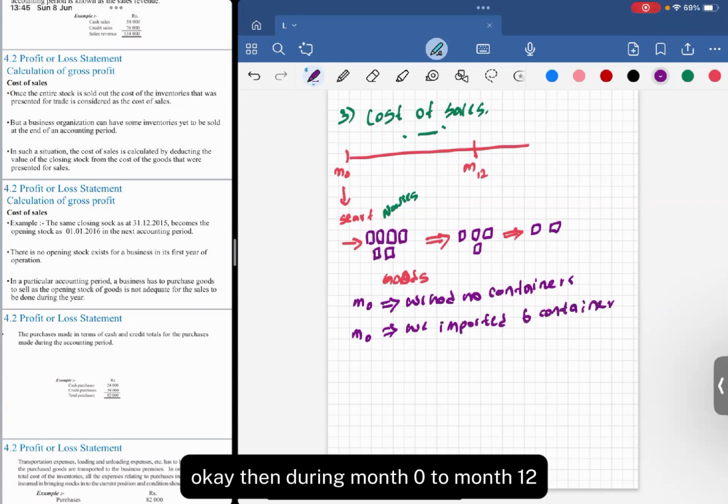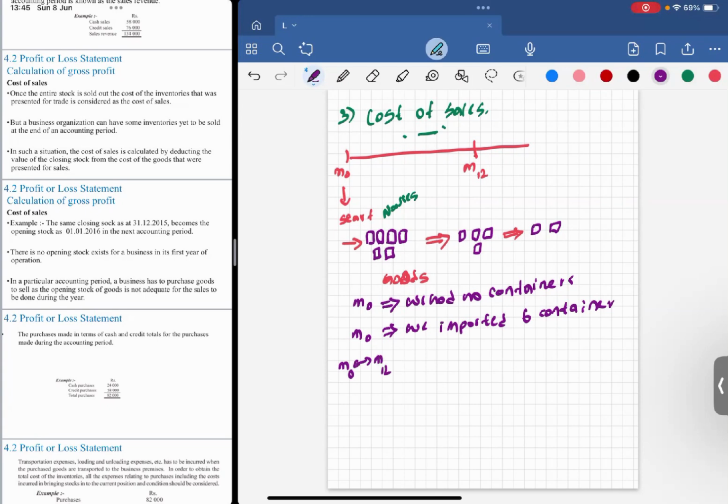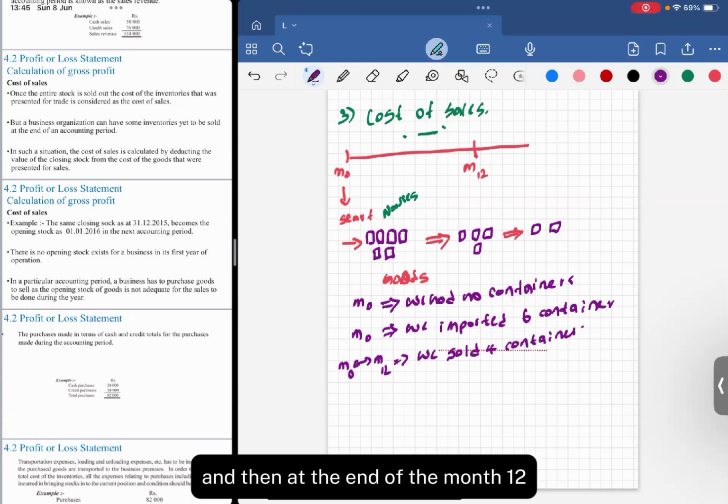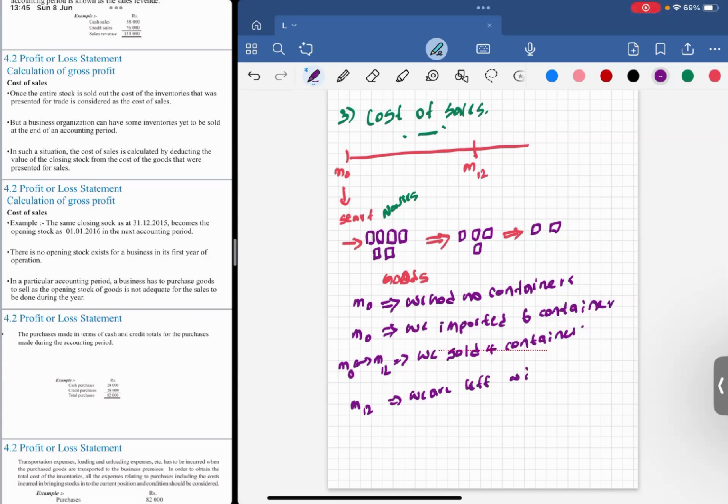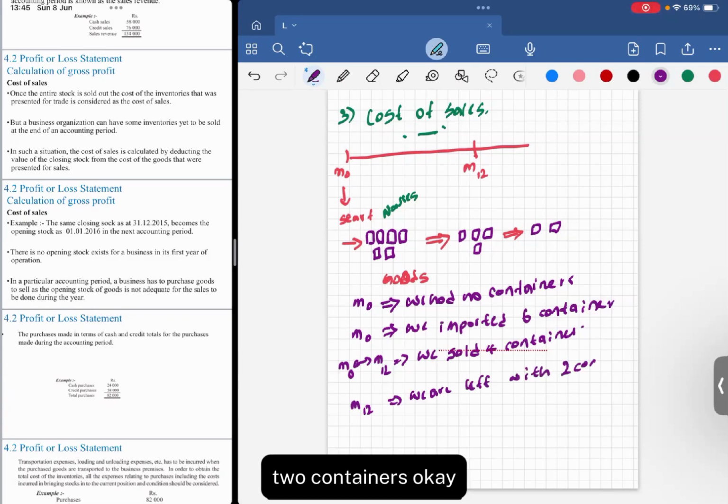Then during month 0 to month 12, we sold 4 containers, and at the end of month 12, we are left with 2 containers.